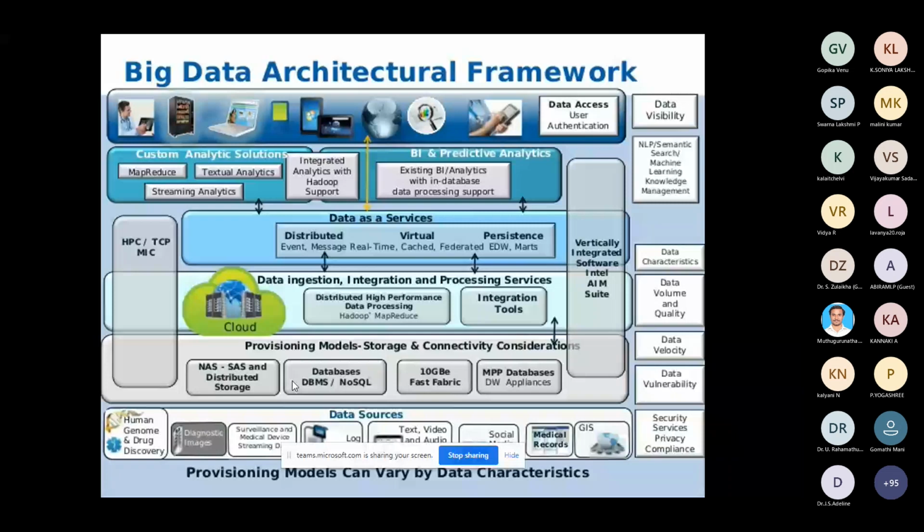Once the storage process is completed, you need to think about data ingestion, integration, and processing services. How are you going to handle this data, and how are you going to integrate it? In some cases, we may need to take data from different sources where it is stored or distributed across different storages. So what kind of integration tool are you going to use? Traditionally, in big data they started with Hadoop.